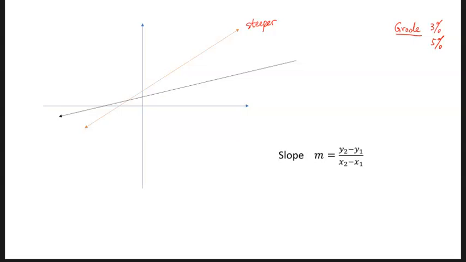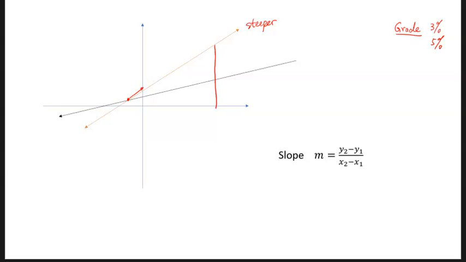Let's start from here. I'm going to draw a line all the way down. So if we drive from the same point to go up these two different hills, notice that since the orange one is steeper, we have to use more power.